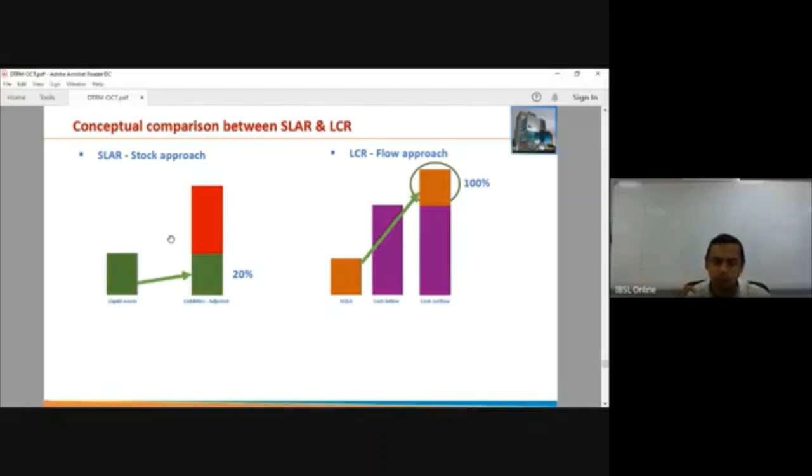So 20 to 40, the central bank can impose a minimum liquidity requirement anytime, right? The other thing is, since this is coming from the Banking Act, whenever a bank breaches or fails to maintain the minimum 20%, there is a penalty.